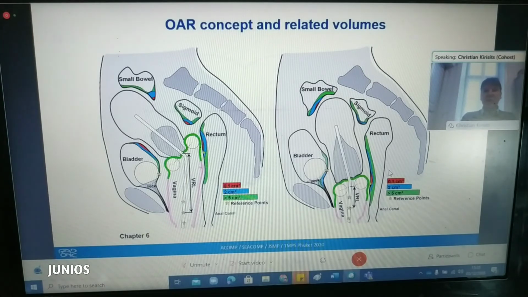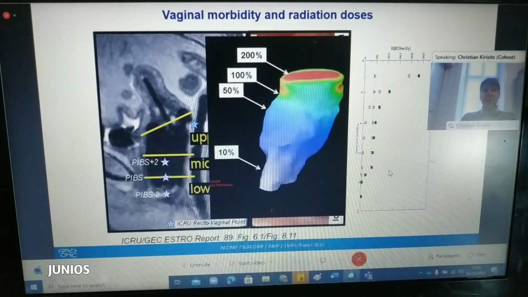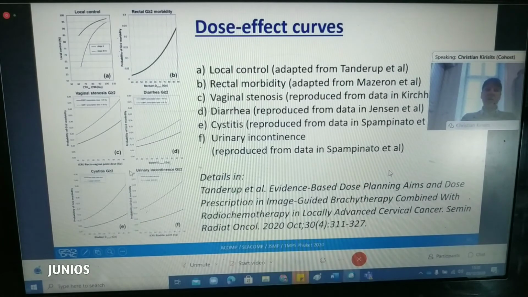So what is important is that we are not looking just at a bladder grade effect, but we have to really distinguish between cystitis and urinary incontinence and the other endpoints. That is quite important because in the past we just had bladder morbidity, rectum morbidity. But it's different. Same with the bowel. Diarrhea is more from the volume, while, for instance, the fistula is more generated from a hotspot. So different parameters for different morbidity endpoints.